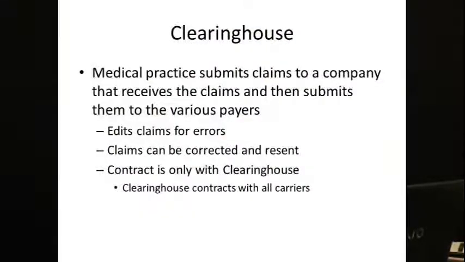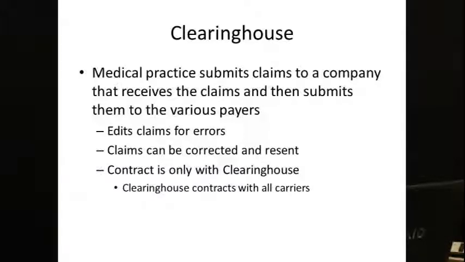All right, clearinghouse. We talked a little bit about this last week. It's a company or an entity that receives the claims for the provider and bundles them and then submits them to the various payers. It edits the claims for errors.